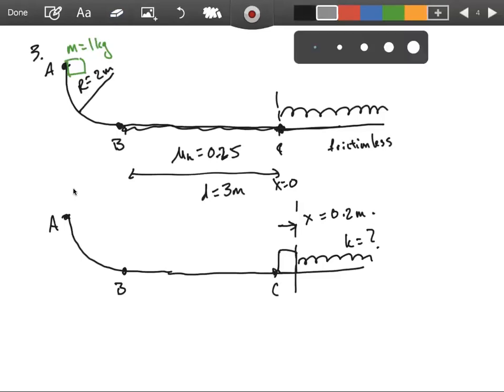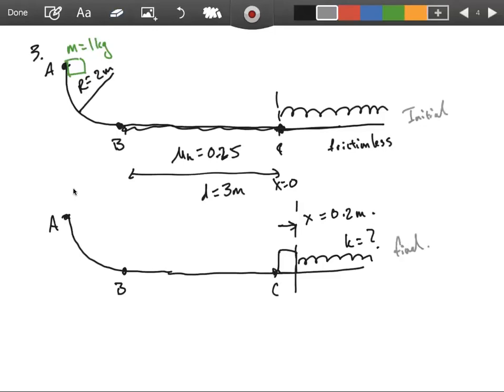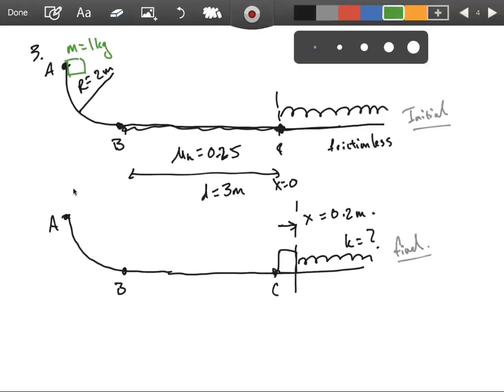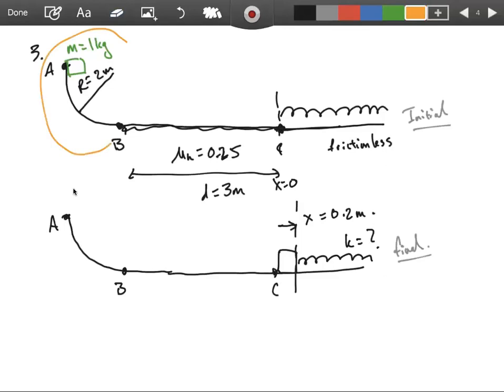So good. Let's talk about this one real quick. Notice that again, I can't use kinematics or forces, for two reasons. Number one, this region up here, which has the quarter pipe, has a non-constant acceleration because it's not an inclined plane. It's a curved path, which means my acceleration will be time dependent.